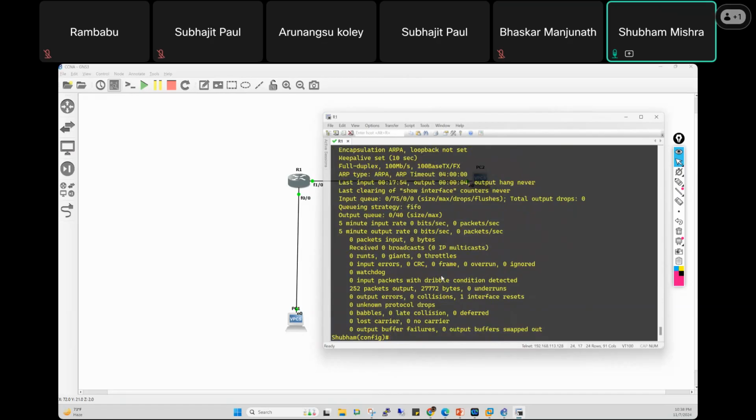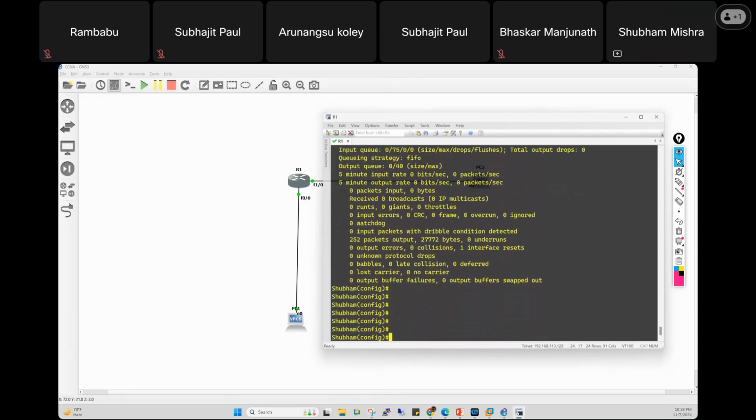Fine. For example, in a real time scenario, I want to configure something that is common for this interface and this interface. I am just giving you an example, on the basis of what I know from real time; it is not mandatory.